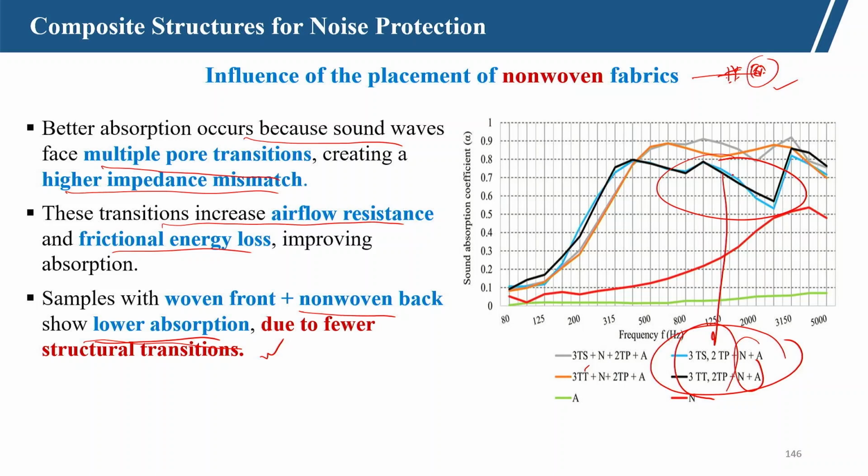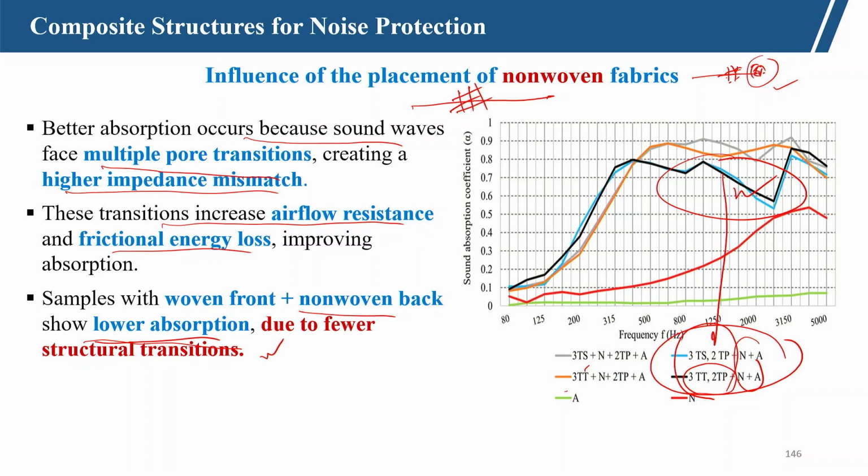because the woven fabrics have a particular, definite structure, and the pores have a definite structure. When the wave passes through all the layers of woven fabrics, like 5 layers of woven fabrics, the structural transition is not that high. That is why the sound absorption coefficient is relatively lower.